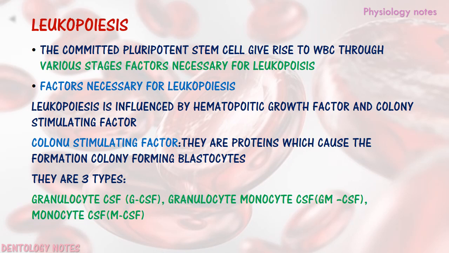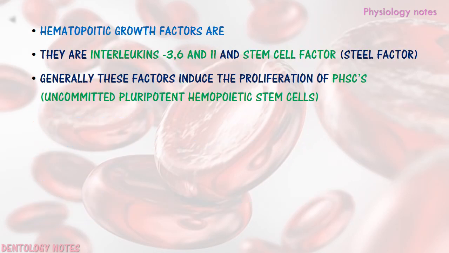They are of three types: granulocyte CSF, GCSF, granulocyte monocyte CSF, GM-CSF, monocyte CSF, MCSF. Hematopoietic growth factors are interleukins 3, 6 and 11 and stem cell factor, steel factor. Generally these factors induce the proliferation of PHSCs, pluripotent hematopoietic stem cells.